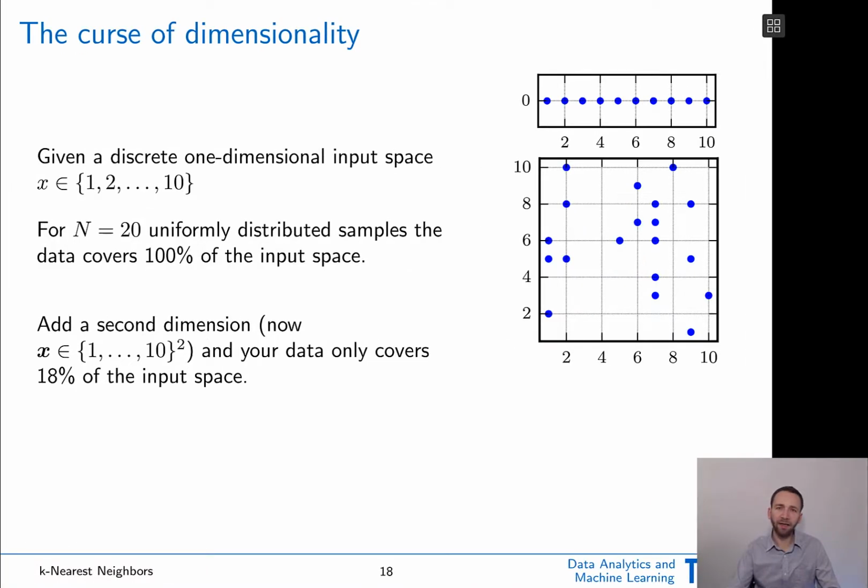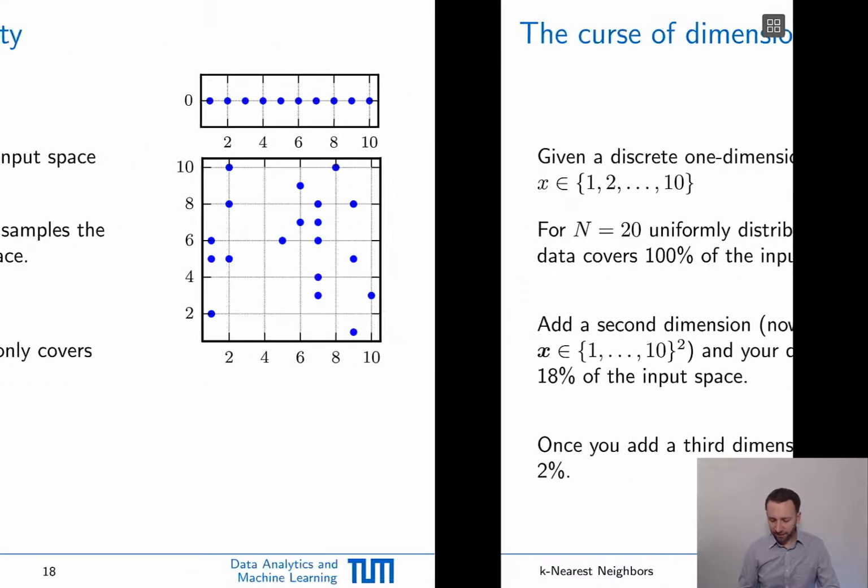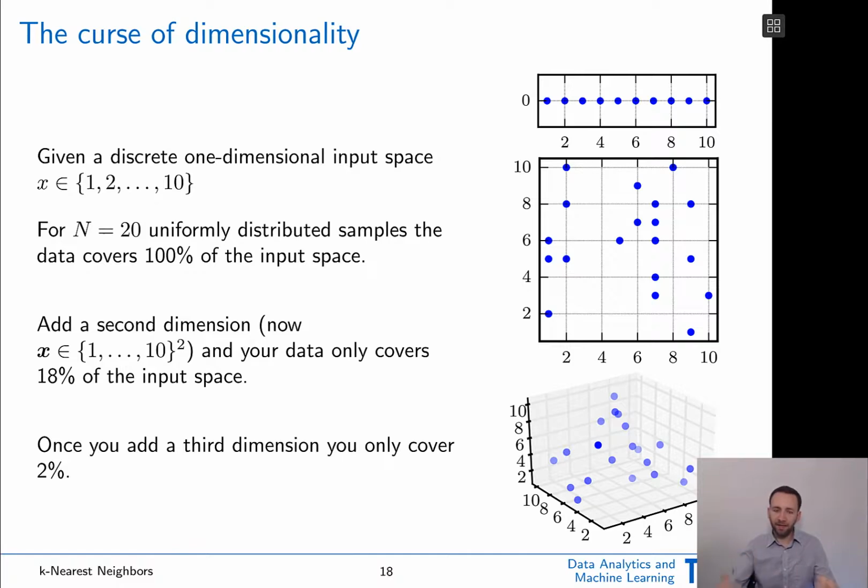If you now go higher to 2 dimensions, you have 10 choices here and 10 choices there, so overall already 100 choices. With 20 training samples, you only cover a bit of the space, apparently 80% is already empty. And of course you can think this even higher and higher. In a 3-dimensional space, you have 10 times 10 times 10, so 10 to the power of 3 choices.